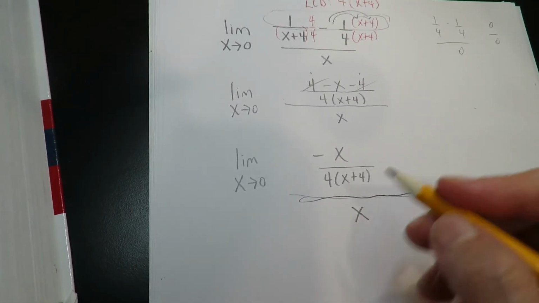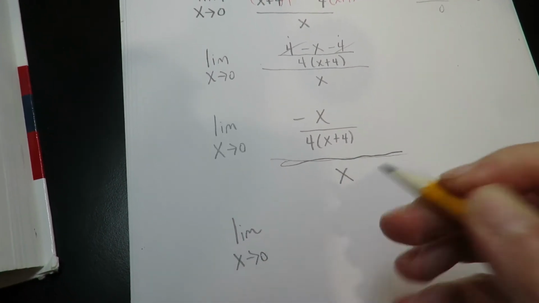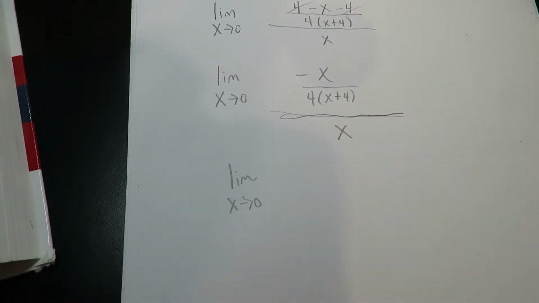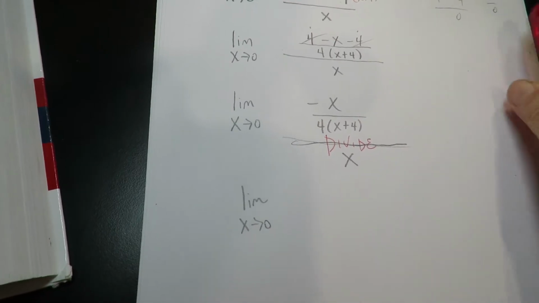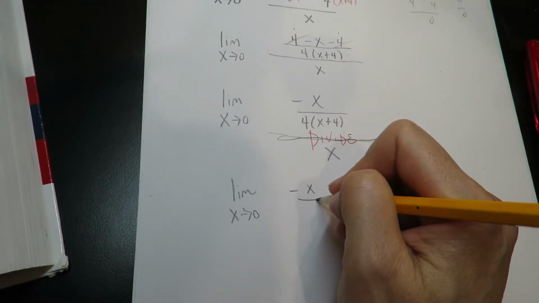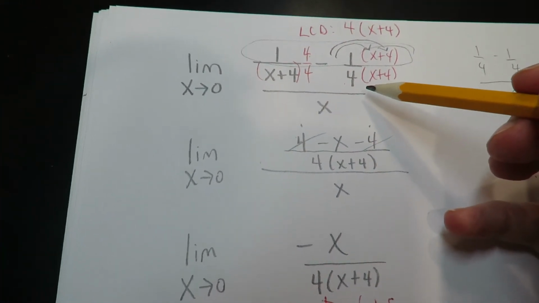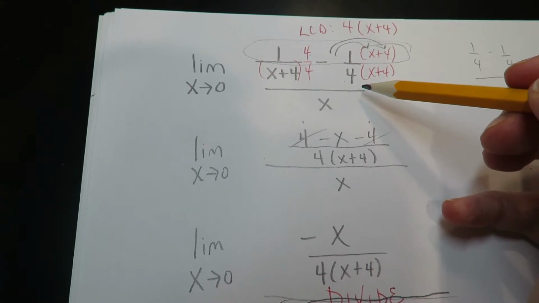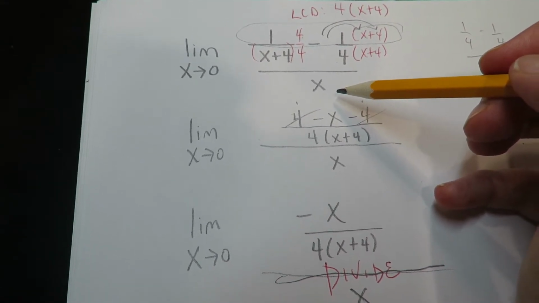Now I'll write this out the long way because it's a little easier for some people to see it. So this is basically a complex fraction. So it's going to be the top fraction divided by the bottom fraction. And if I didn't say that in the beginning, this is what you would call a complex fraction. A complex fraction is when you have fractions inside of fractions.